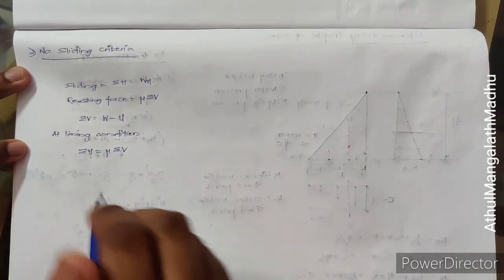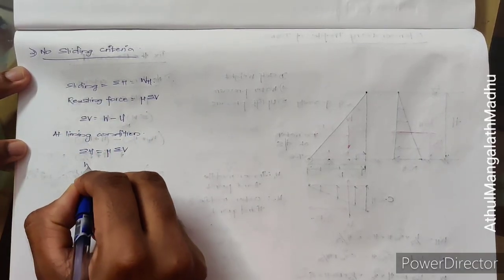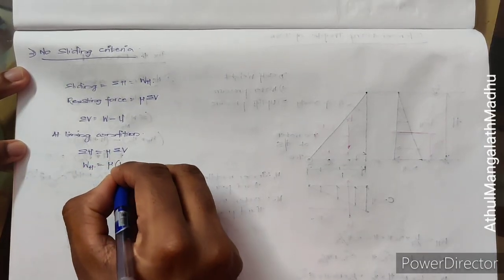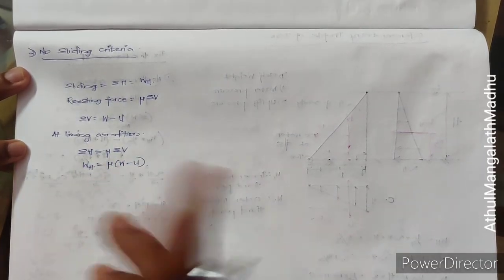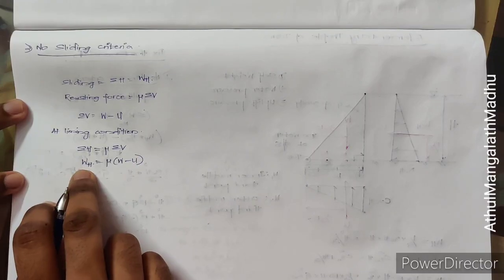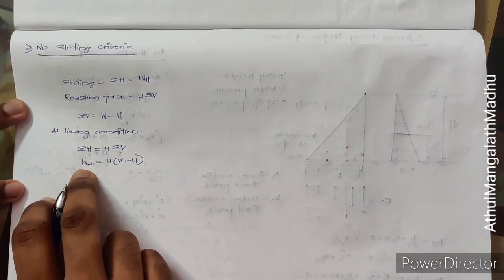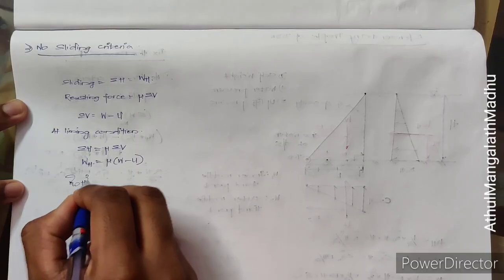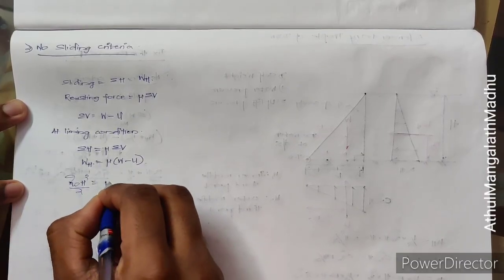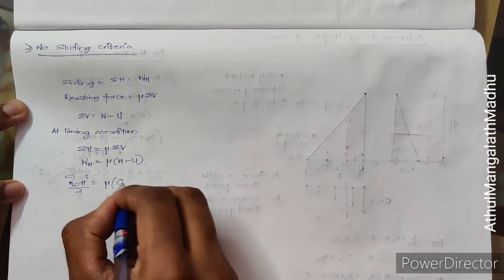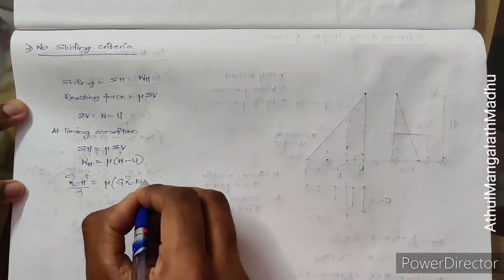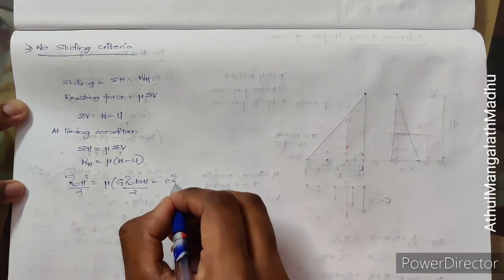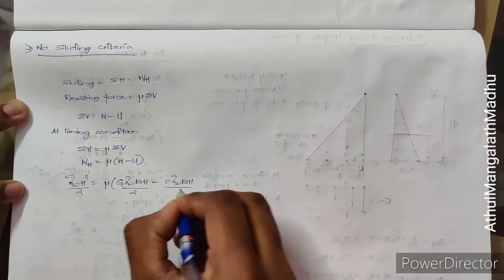So the horizontal force is nothing but the horizontal water pressure, and mu into w minus c. Just substitute the value. We have already seen the value for wh. Wh is nothing but gamma w into h square by 2, which is equal to mu into weight, which is g into gamma w into bh by 2, and uplift is c into gamma w into bh by 2.